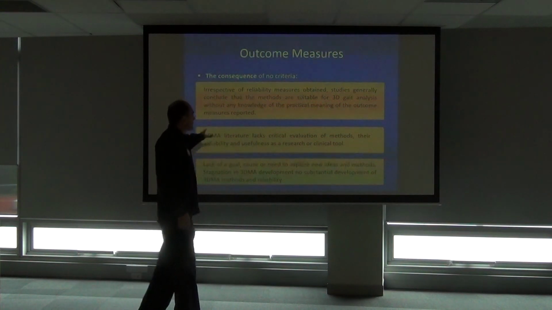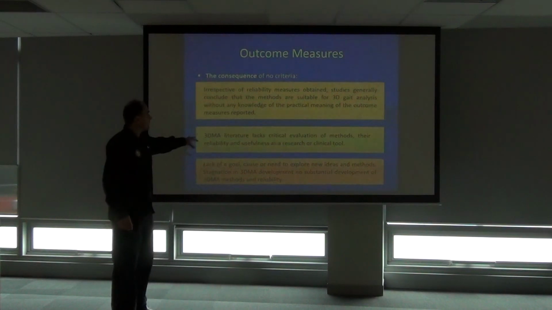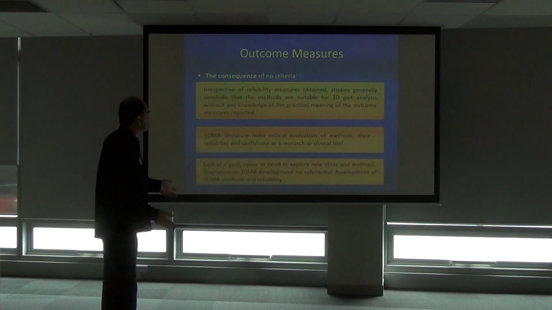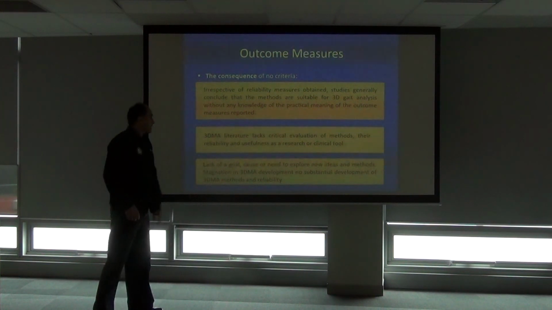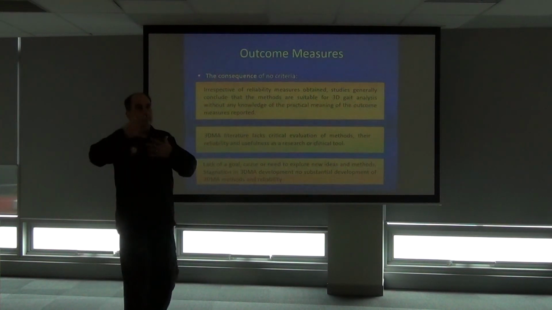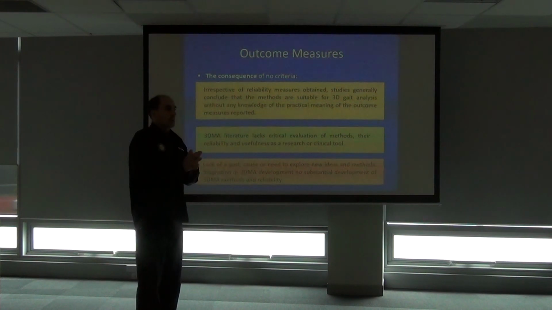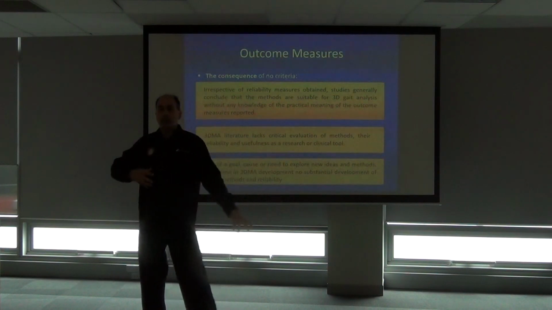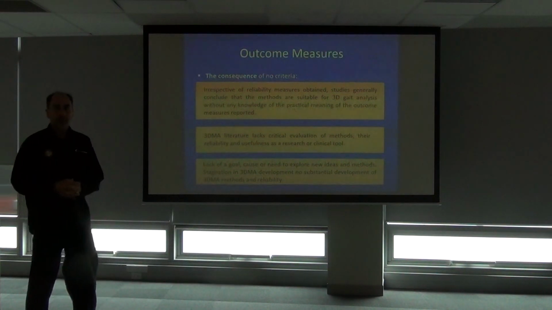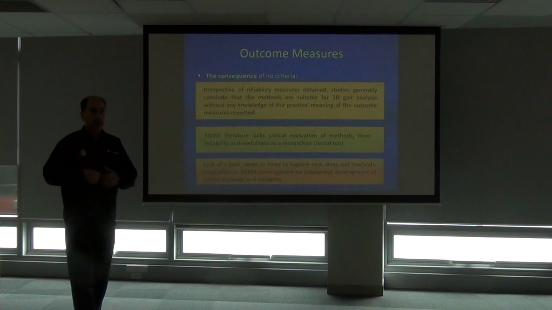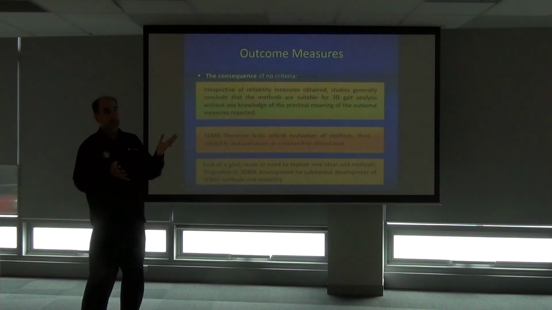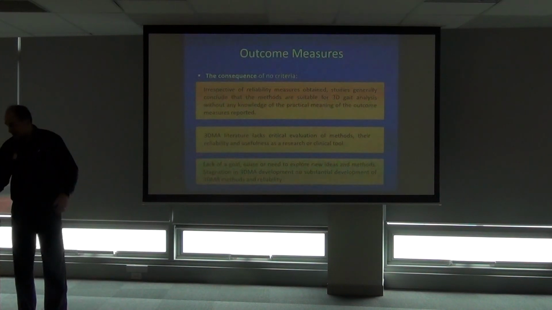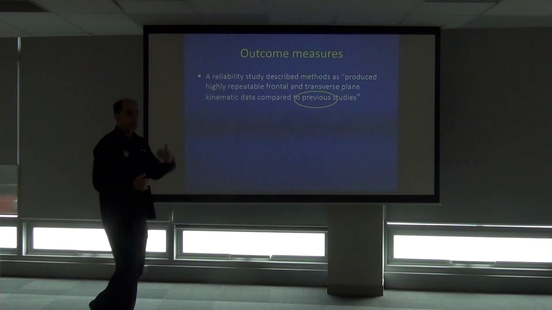It gives us a reason to critically evaluate the methods, reliability, and even usefulness of these methods, even as a research tool. And also, the lack of a goal has taken away the desire, the need to search for alternative methods. The people are just going along happily doing what they're doing, presenting measures and saying, oh, well, this is okay. So there's some consequences there of not having criteria.